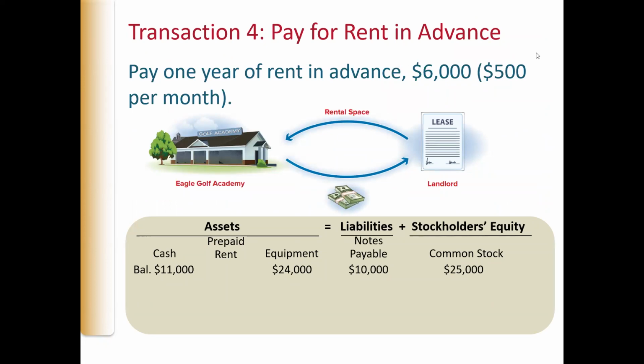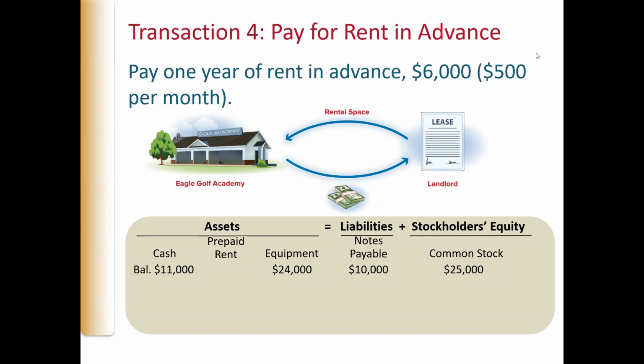Now we're going to do something new that I don't know if we talked about in chapter 1. When the company paid 1 year of rent in advance, basically they are prepaying rent to last for the whole year. Any prepaid, be it prepaid rent or prepaid insurance, is considered an asset because it's a resource that will provide us with a future benefit.